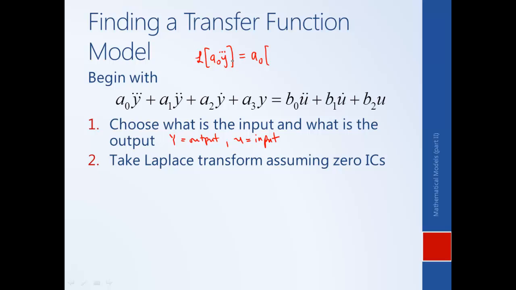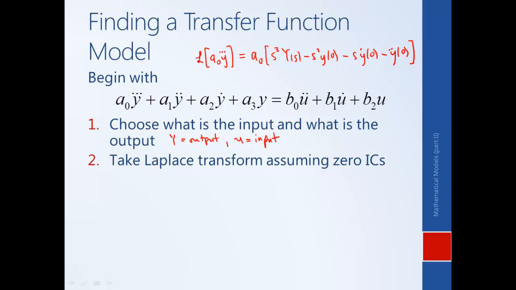A third derivative in the time domain becomes multiplication by s cubed in the Laplace domain, and then you also have additional terms due to the initial conditions. So s squared times the initial condition of y in the time domain, minus s times y dot of 0, the initial velocity condition, minus y double dot of 0.